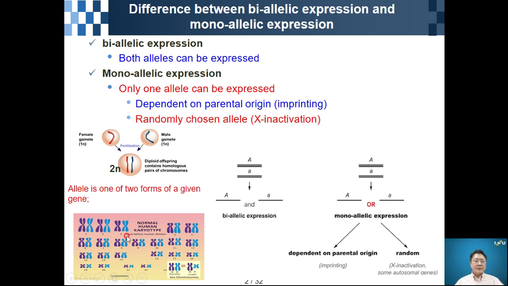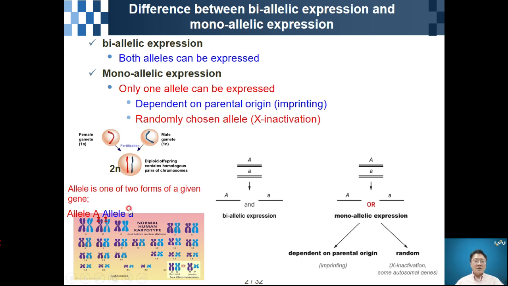For example, some specific gene is located on chromosome 2, especially in the upper arm. The large A allele comes from the mother. At the same location, the small a allele comes from the father.